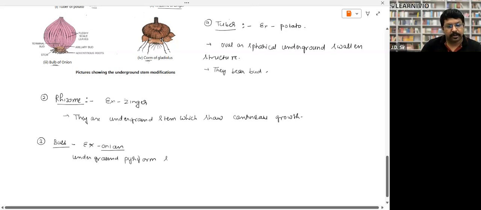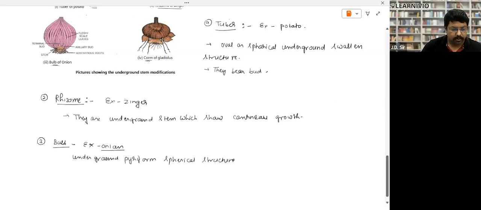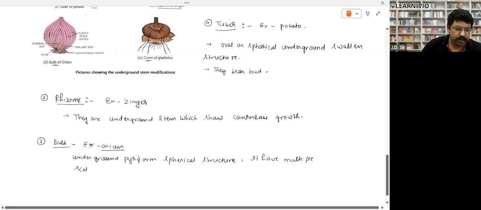It has multiple scales for food storage. This is something about the bulb.